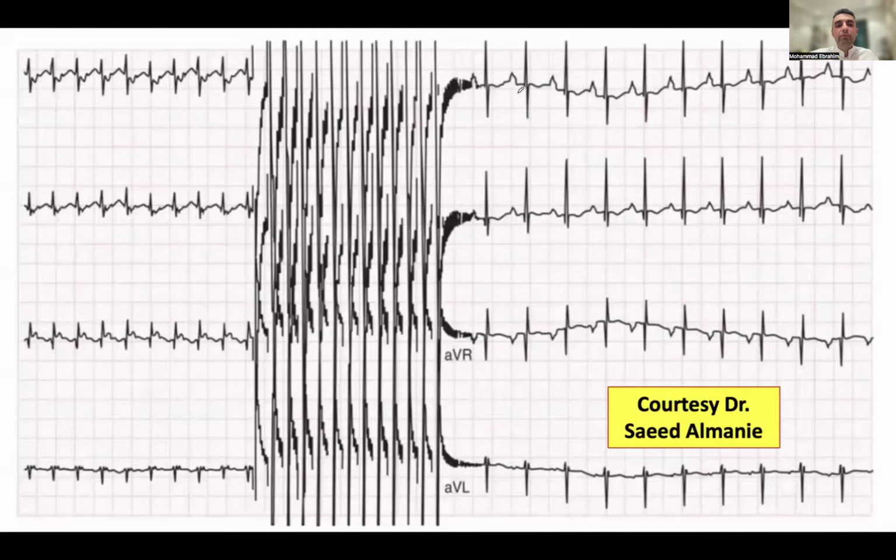This is not my ECG. This is a patient of Dr. Said, who's a friend of mine in Saudi Arabia, presenting with narrow complex tachycardia. Again, the P waves are not normal looking. You might think they're negative, but in retrospect, the P waves are probably here, retrograde.